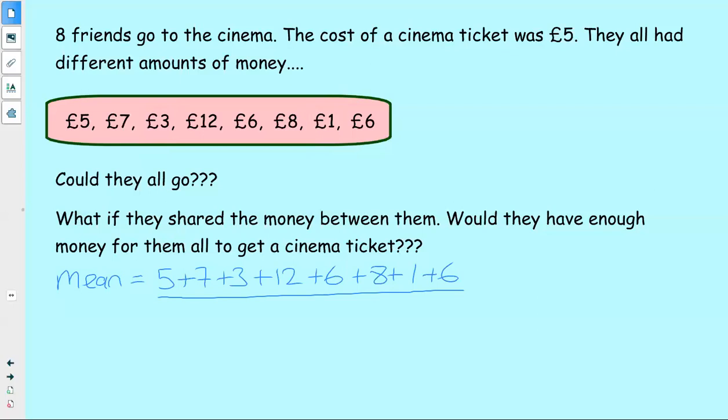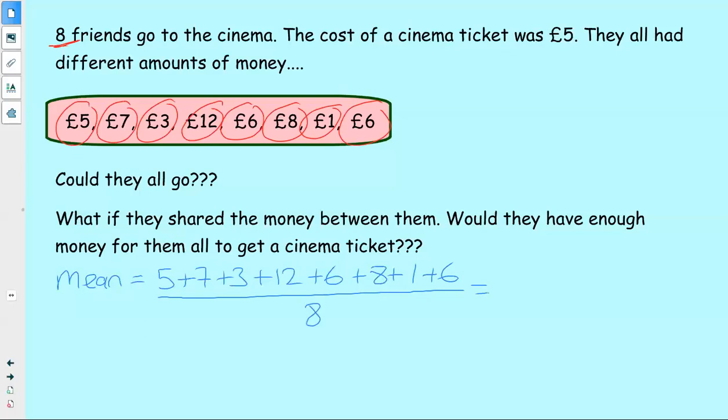You already know because of the first part of the question. It says 8 friends here. So again, just double check. 1, 2, 3, 4, 5, 6, 7, 8. So there's 8 values. So you're going to divide your answer here by 8.